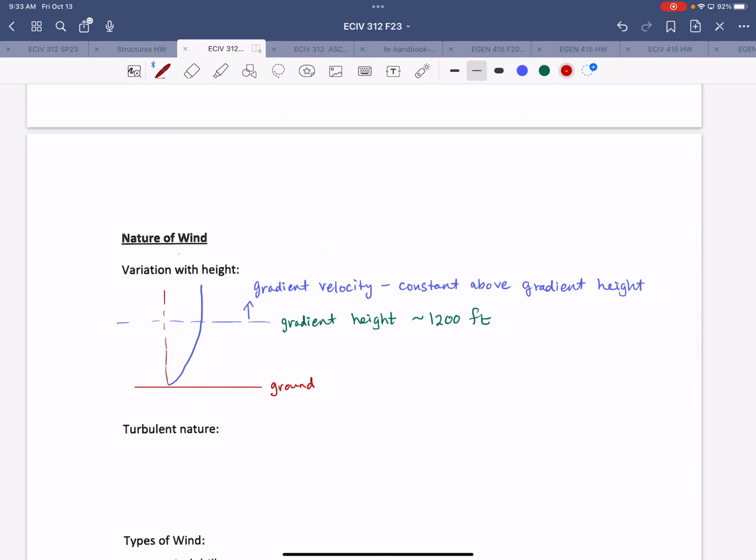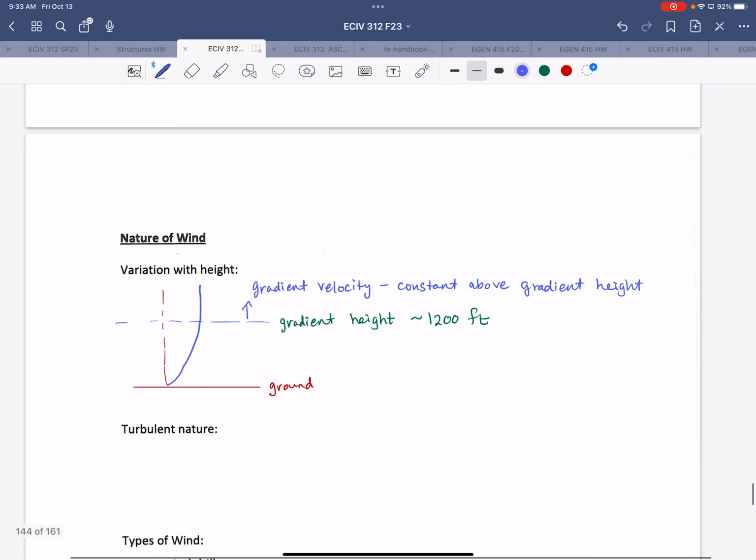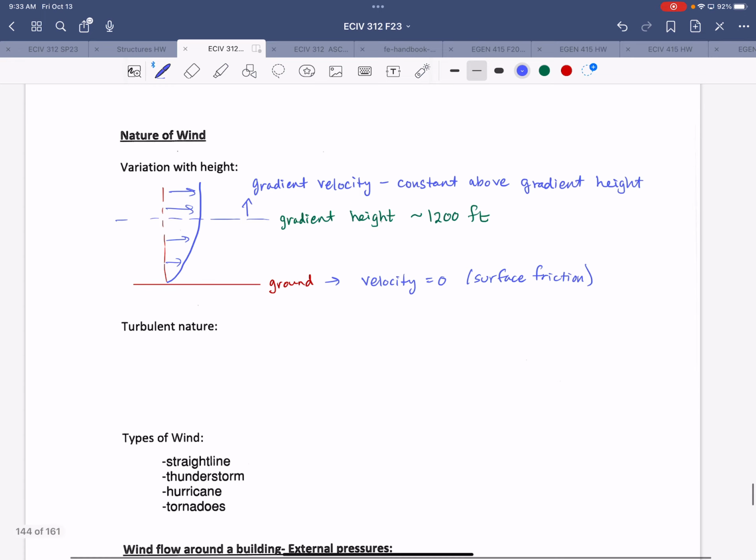And at the ground, the wind velocity is 0, and that's due to surface friction. So that would be the direction of wind flow in this representation.